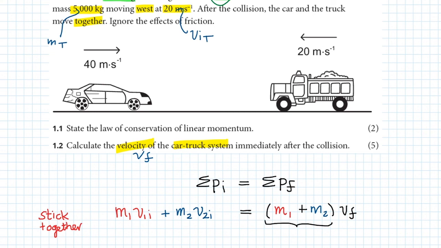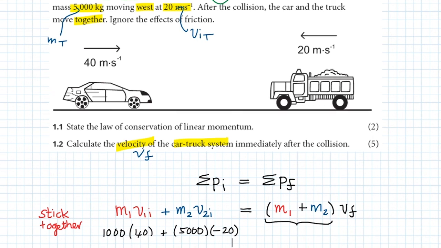I'm using the version that we'd use when the two objects are stuck together in the end. The mass of the car is 1,000. Its initial velocity is positive 40. The mass of the truck is 5,000. Its initial velocity is negative 20 because we are choosing towards the west to be the negative direction.